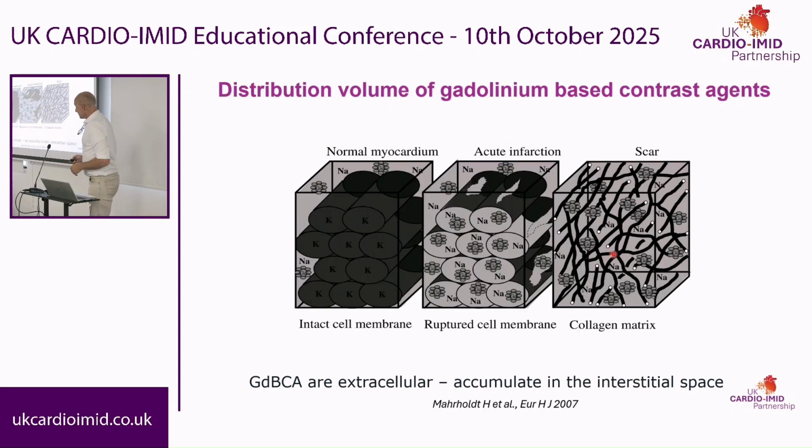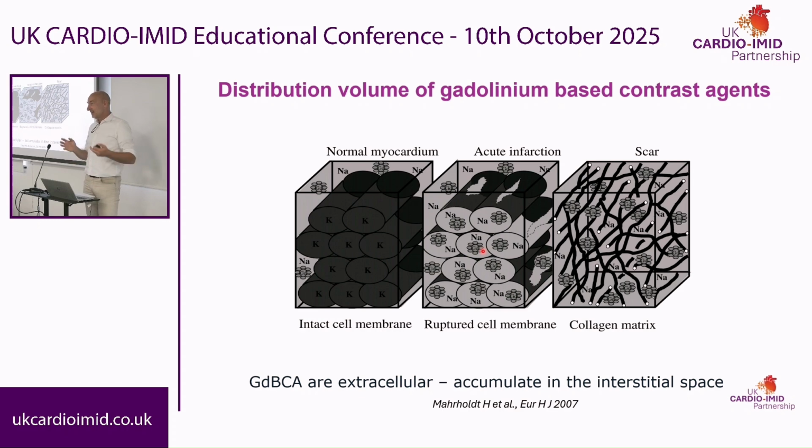And the cool thing about the contrast agents we have is that they cannot enter intact cells. They are completely extracellular. So in normal myocardium, they'll just be swimming around in the extracellular tissue, which is about 25% of the heart. In an acute heart attack, the myocytes break down. Suddenly the contrast agent can go everywhere.